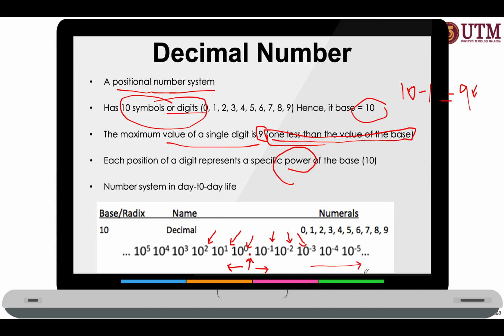So this is basically what the example looks like. And you need to know that day to day, we use this base 10 numbering system.